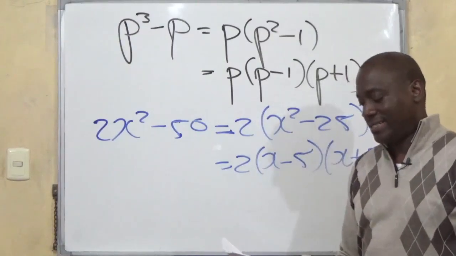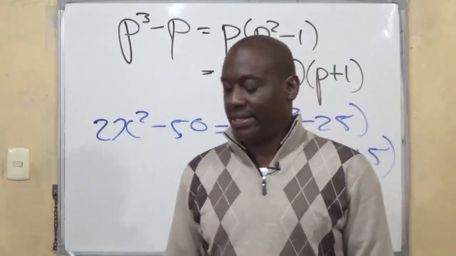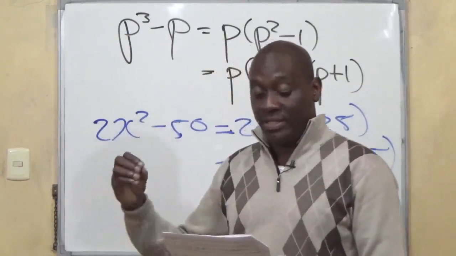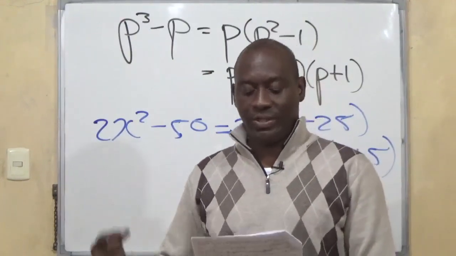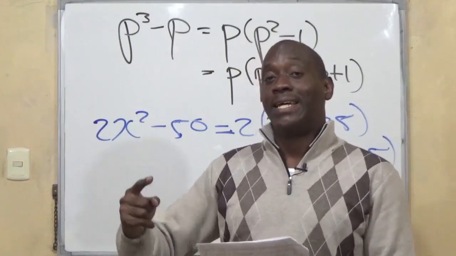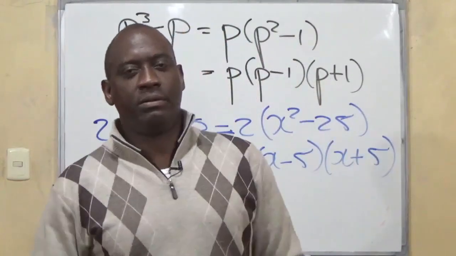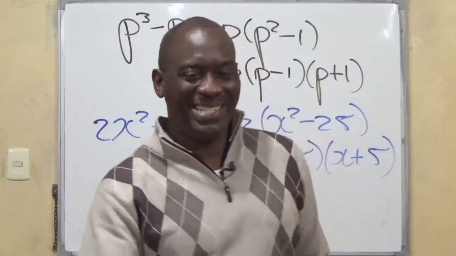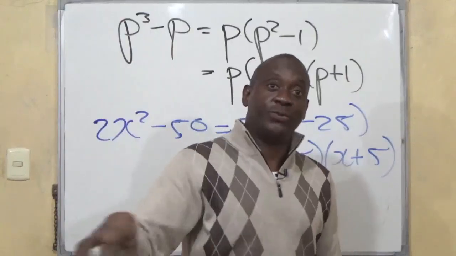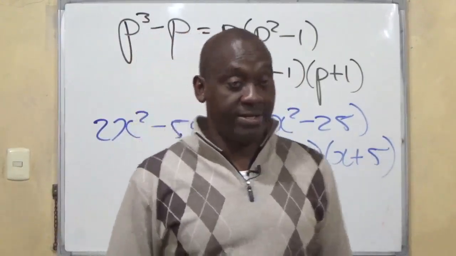And then we had a slightly more difficult example with the 27w squared minus 48v squared. And the last example we had before these two would have been the 20n cubed minus 125m squared, where you had both a letter and a number as common factors to be taken out, which would then leave you with the difference of two squares inside the brackets, which is just pretty straightforward factorization.